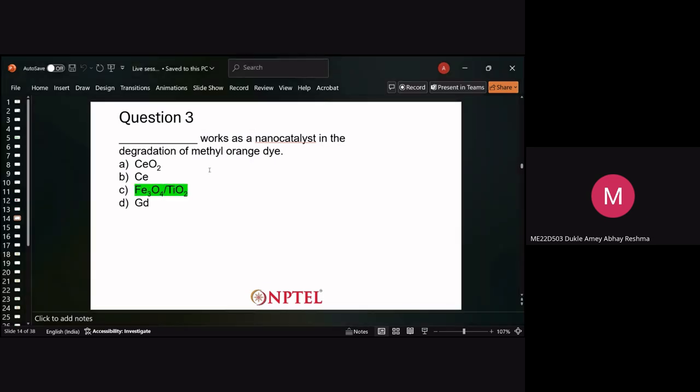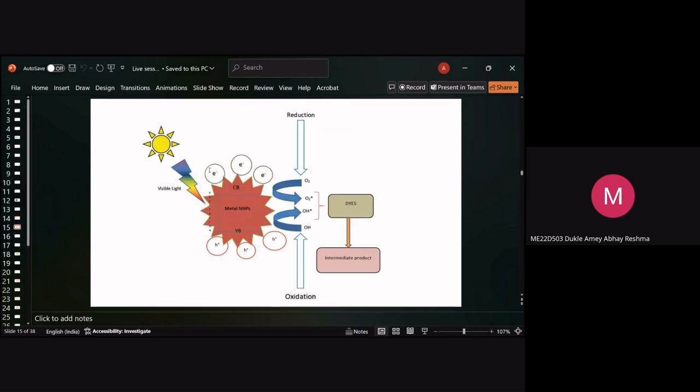The answer is ferrous oxide and titanium dioxide. This is how it happens.